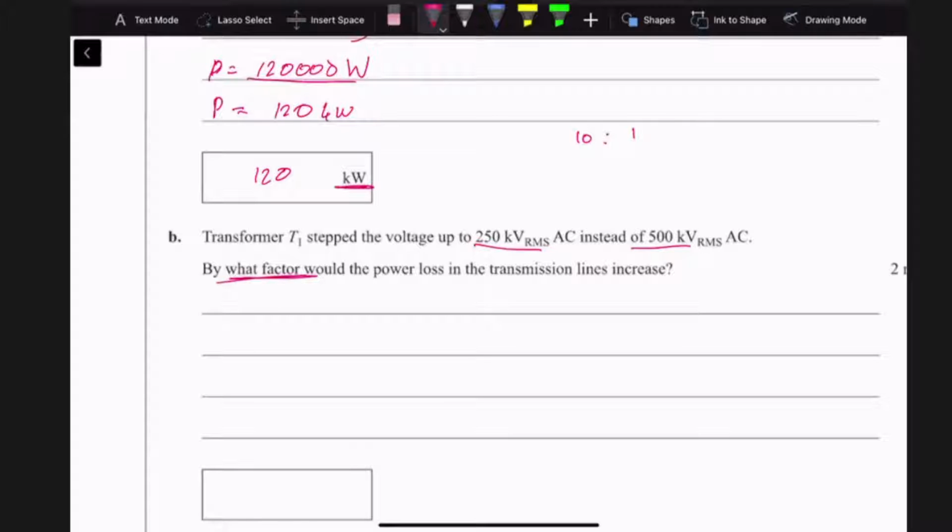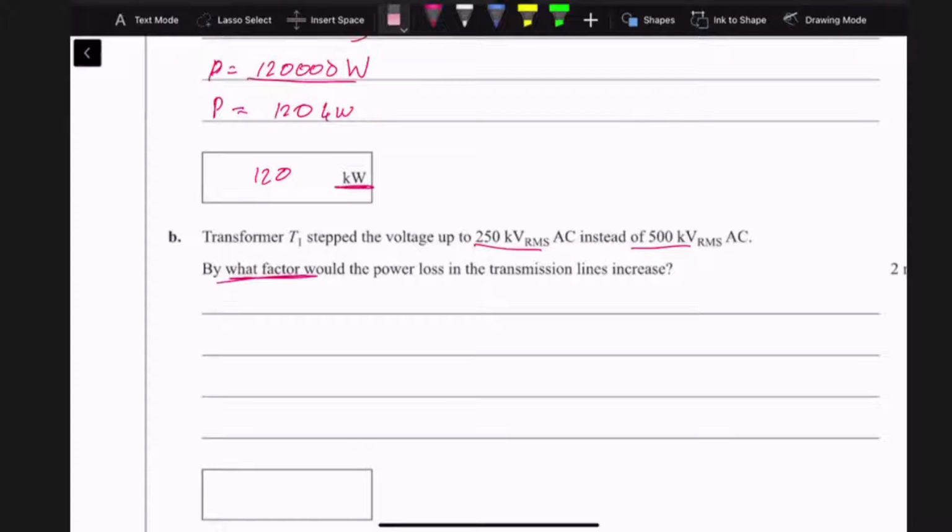If voltage goes down by a factor of 10, that means current's going to go up by a factor of 10, because voltage and current are inversely proportional in transformers.